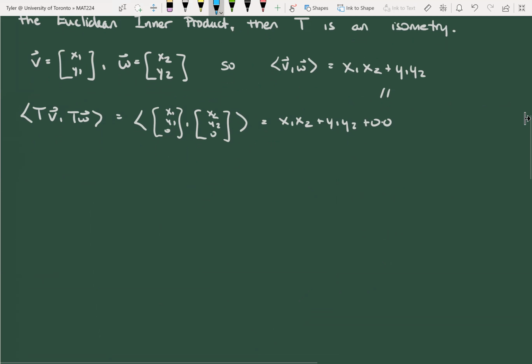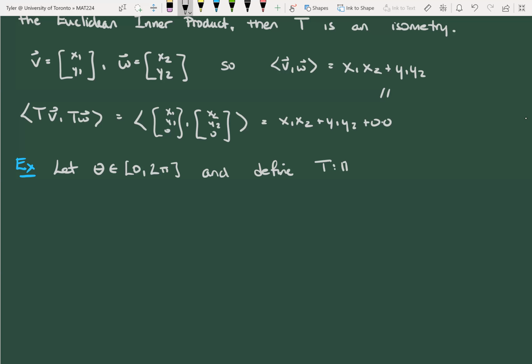Maybe let's do another example though. Let me just fall back on my rotation matrices. So let theta be some angle between 0 and 2 pi. And let's define this map from R2 to R2 as multiplying (x, y) by the matrix.